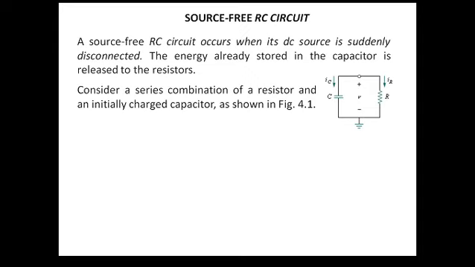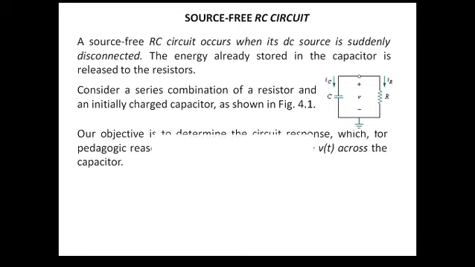The current through the resistor is IR and the current through the capacitor is IC, because now they are in parallel. The voltage is V. Our objective is to determine the circuit response, which for pedagogic reasons we assume to be the voltage V of t across the capacitor. You need to find the solution, that is IR and IC.